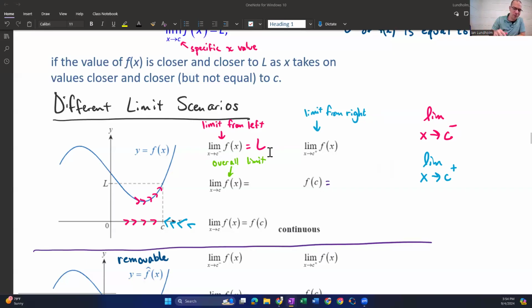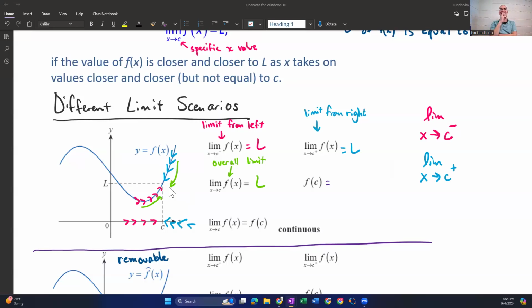And if we go from the right, we could travel down, coming in from greater x values, and the y value that we approach along this curve is, again, the y value L. And since both of those exist and they both equal the same thing, we can say that the overall limit is also L. And that's kind of coming from both sides at the same time.